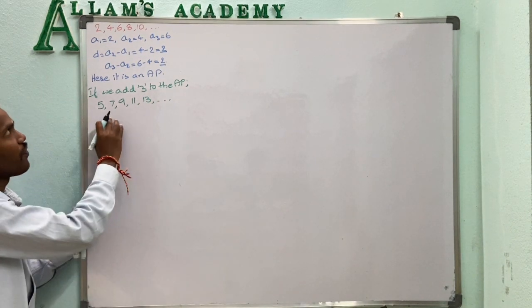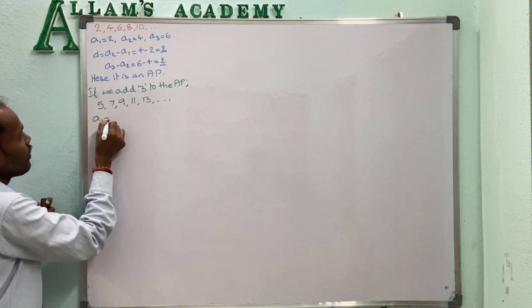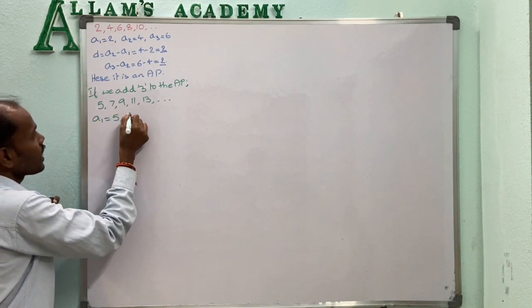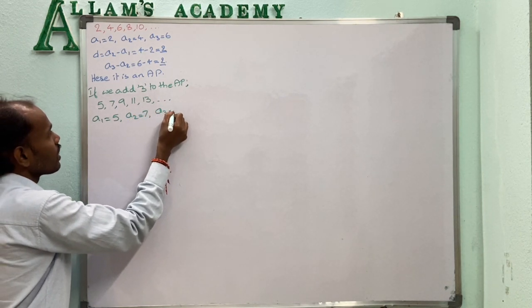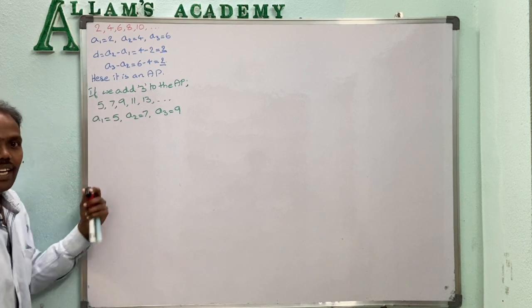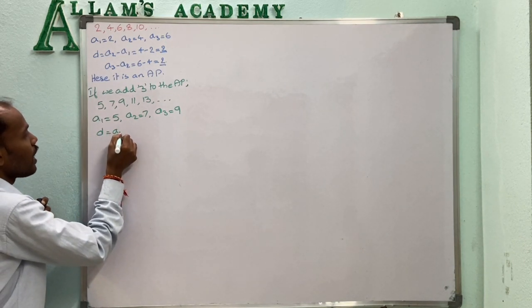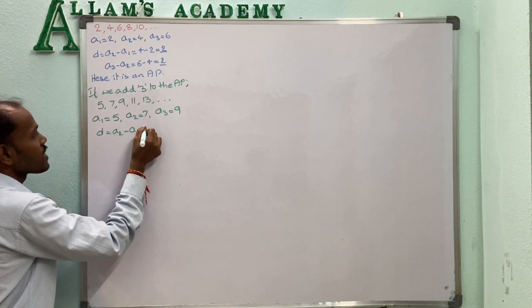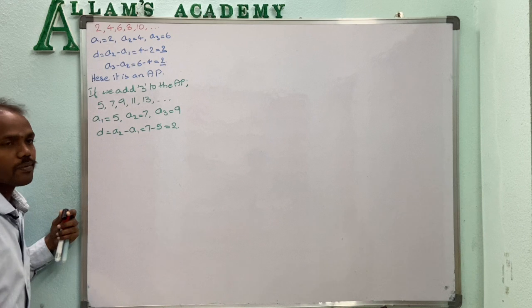Now here we find the common difference. The first term A1 is 5, the second term A2 is 7, the third term A3 is 9. The common difference D is equal to A2 minus A1, that is 7 minus 5, which is 2.